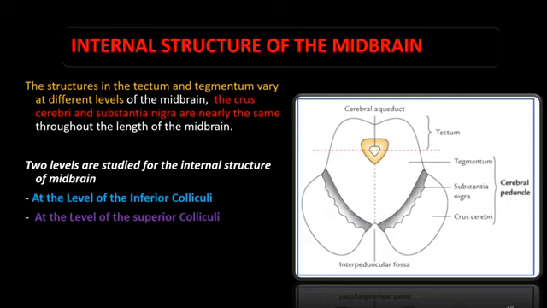So we'll look at the two levels at which the internal structure of the midbrain is studied. Now the two levels are, one at the level of the inferior colliculus and two at the level of the superior colliculus. The inferior colliculus is the lower level, while the superior colliculus is the higher level.